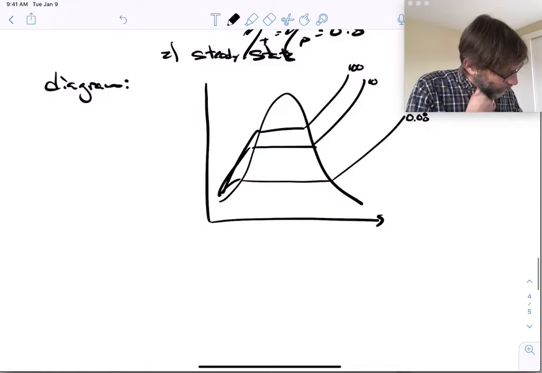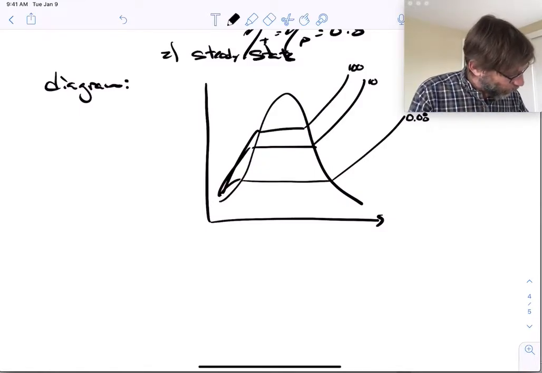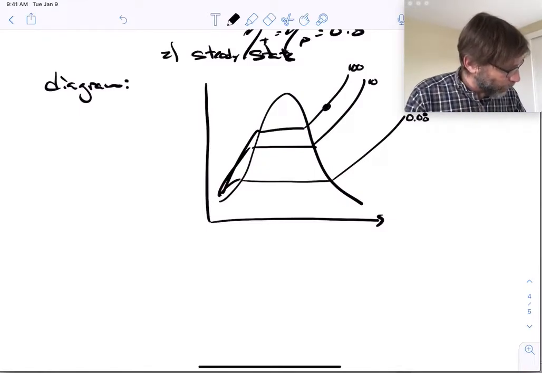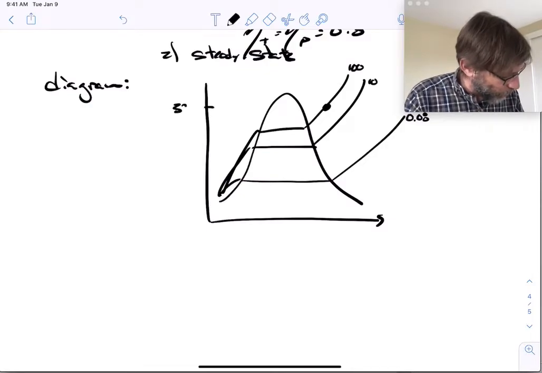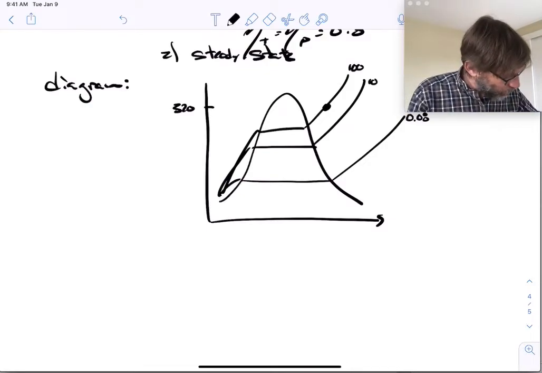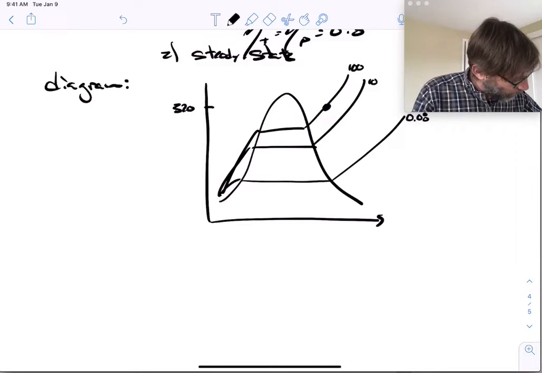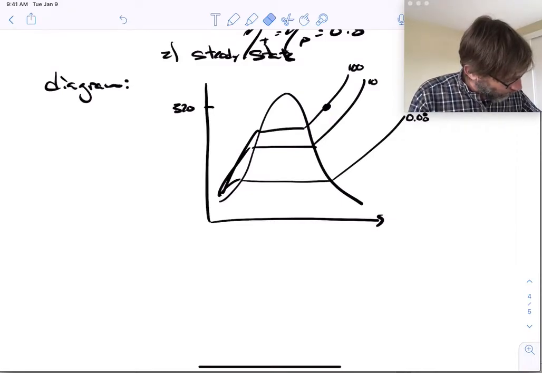And then state 1 is here, at 320. We're assuming that these temperatures are the same, 320 is the same, and the pressure is the same, except that before, this didn't work out very well.